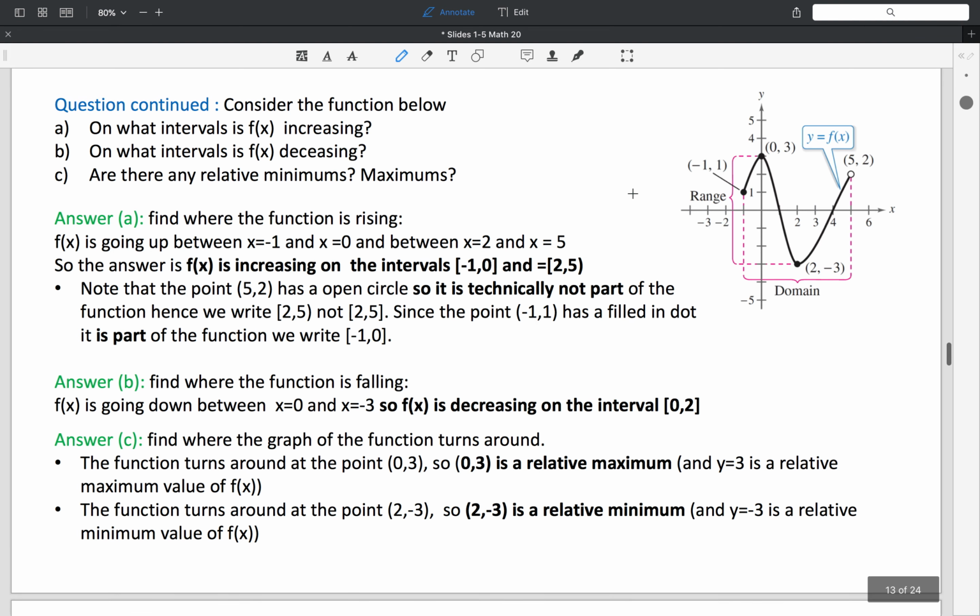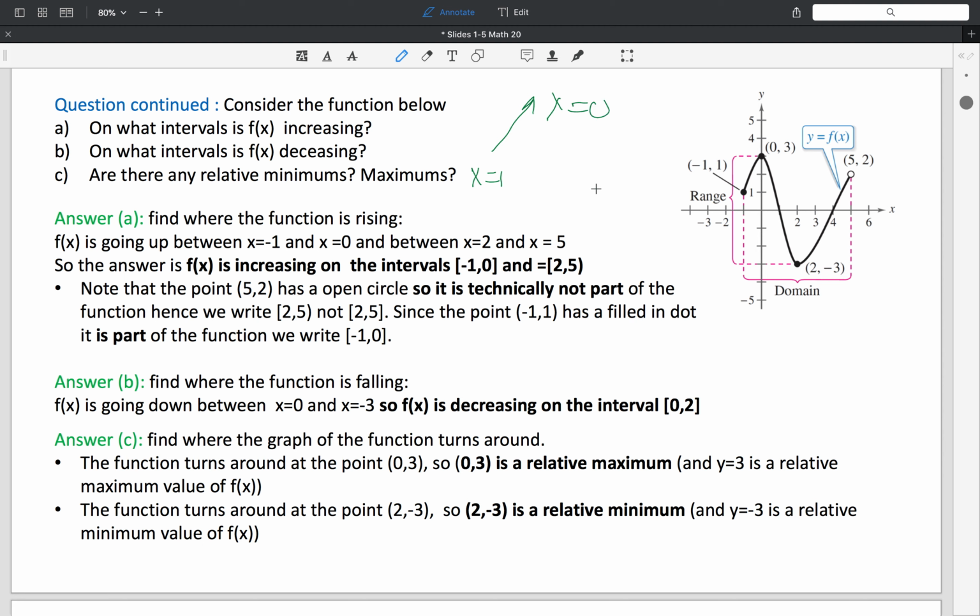Okay, so here's the problem. Again, we want to figure out where it's increasing and where it's decreasing. Notice that (5, 2) is not on the graph. So it's increasing, going up, between x equals -1 and x equals 0.